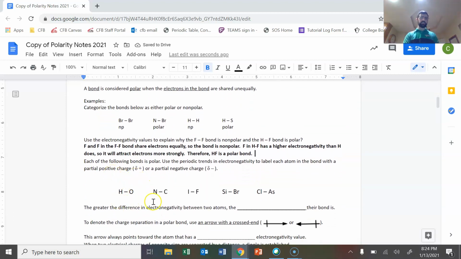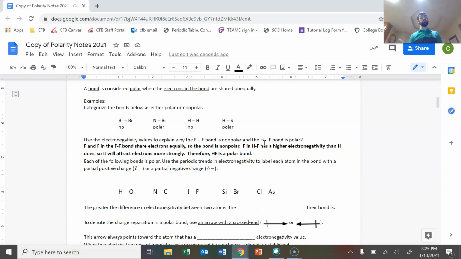It says each of the following bonds is polar, so we don't have to figure out if it's polar or not. We want to use the periodic trends in the electronegativity to label each atom in the bond with a partial positive or partial negative charge. So we're going to look at this H and O. We're going to compare hydrogen and oxygen and see which one has a higher electronegativity.